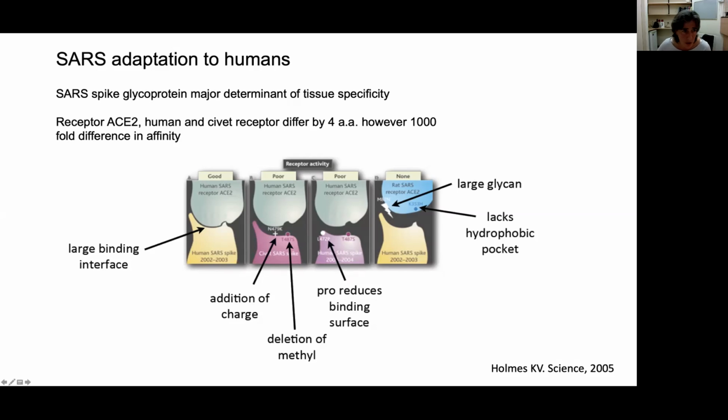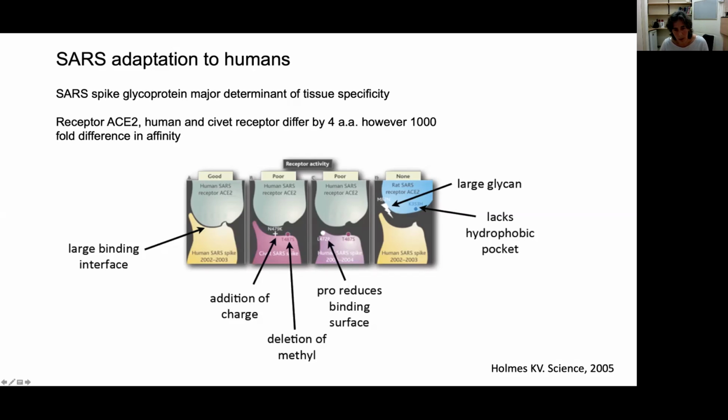So on the left side here, you can see the human SARS receptor ACE2 and the human SARS spike from the 2002 and 2003 epidemic. And you can see that there's a large binding interface between these two proteins.